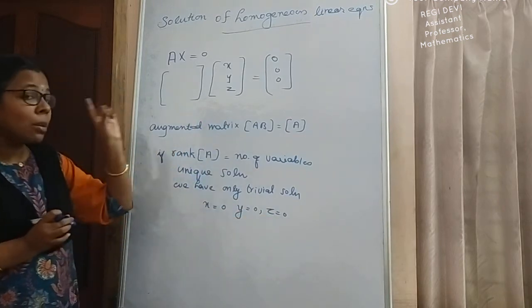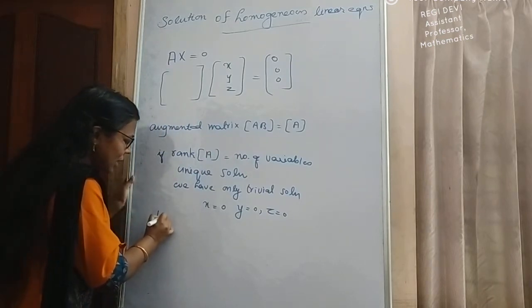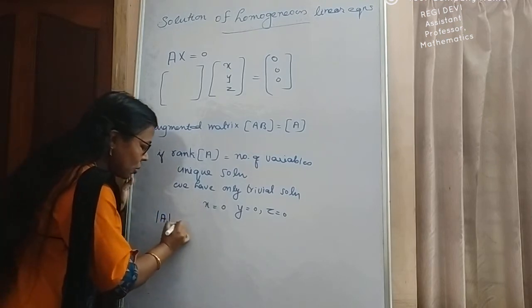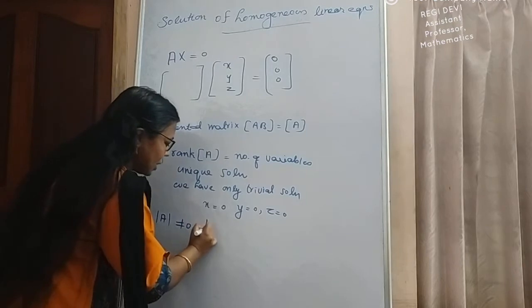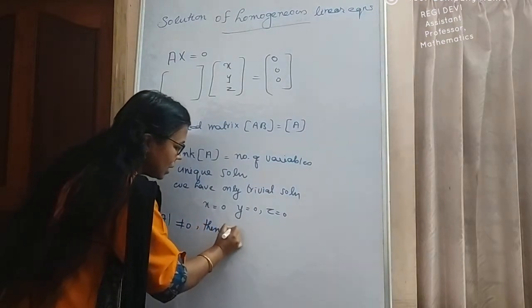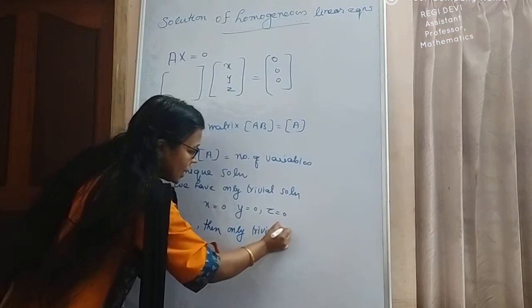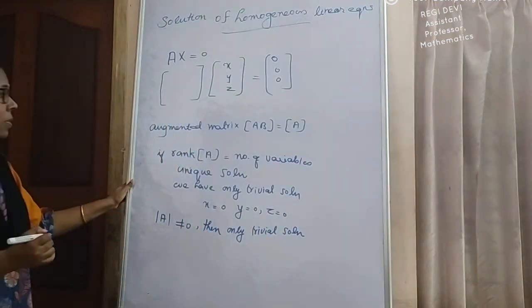If A is a square matrix, then we have to find determinant A. If determinant A not equal to 0, then we get only the trivial solution, x equal to 0, y equal to 0 and z equal to 0.